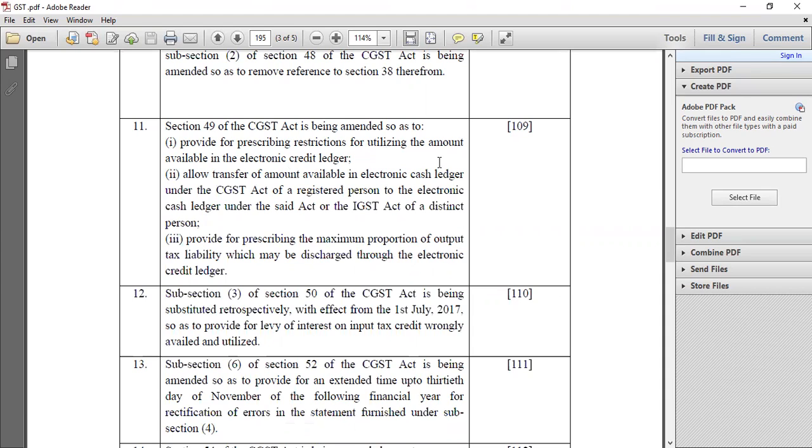In financial year 2020-21, a rule 86B has been introduced, which provides that for a taxpayer whose turnover exceeds rupees 50 lakhs, the input tax credit available in the electronic credit ledger, the utilization of that input tax credit will be restricted to 99% of the total output tax liability.